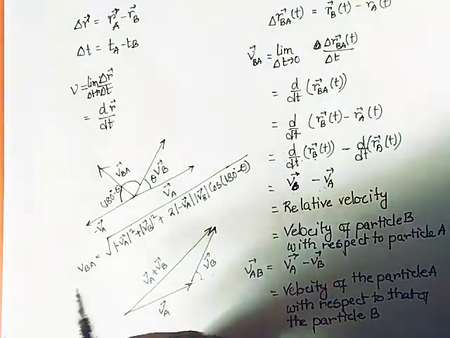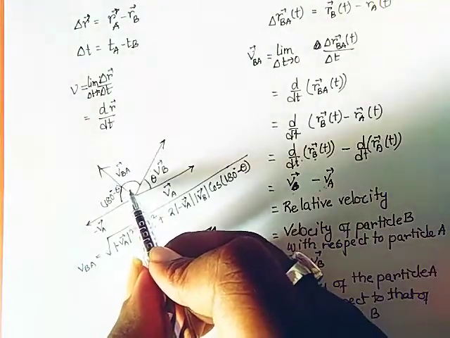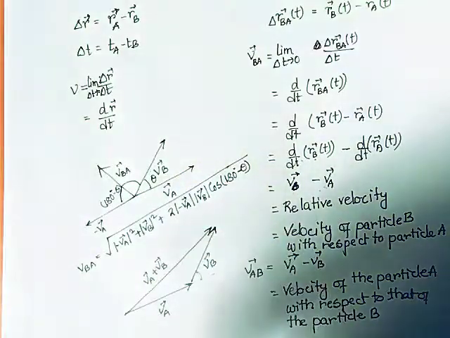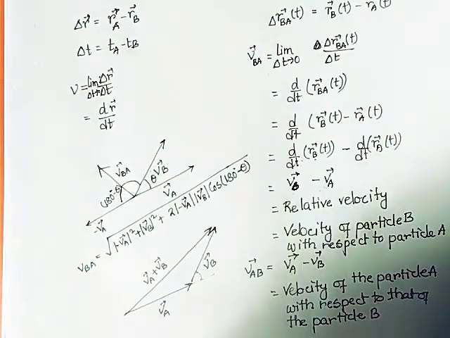If I want to find out the angle, that is what this VBA makes with this minus VA, at that time that formula we should use, that is tan phi equal to B sin theta divided by A plus B cos theta.